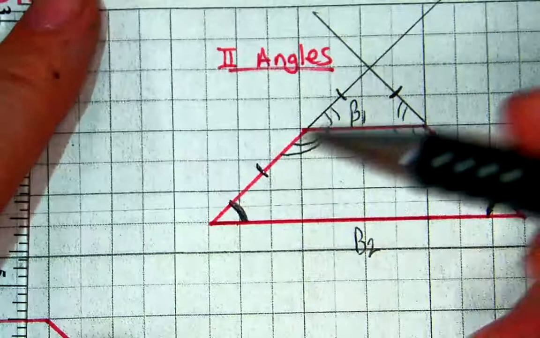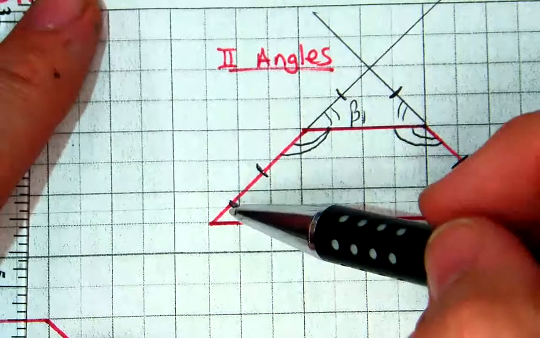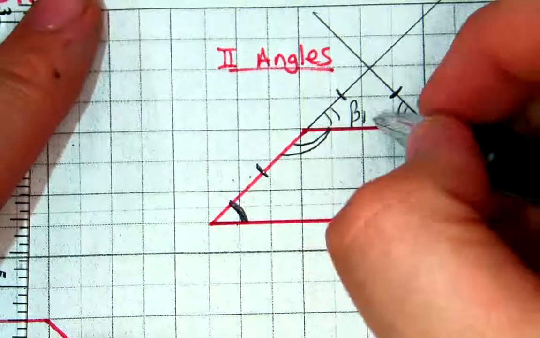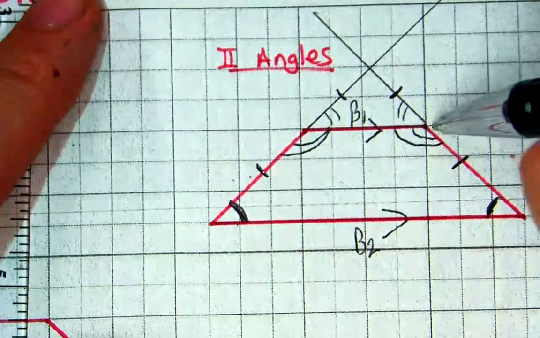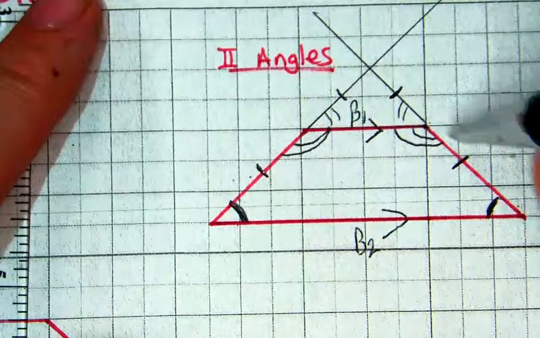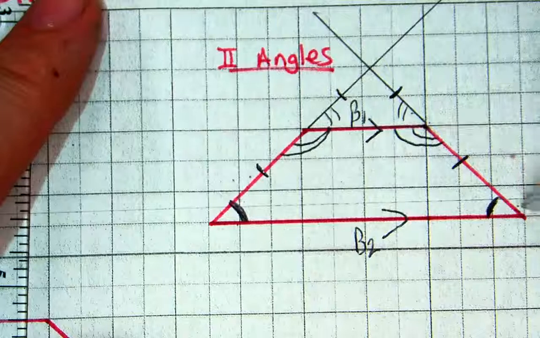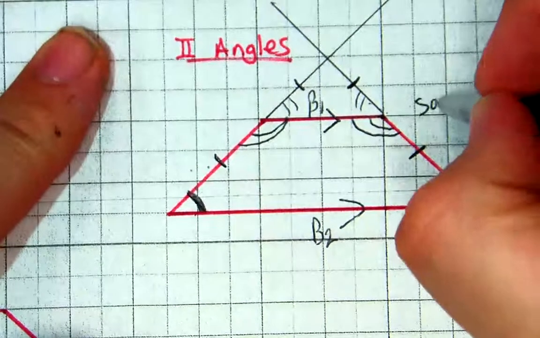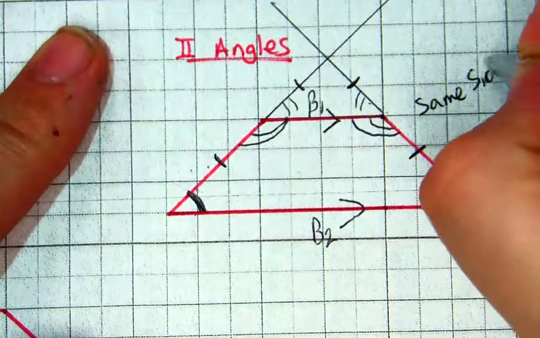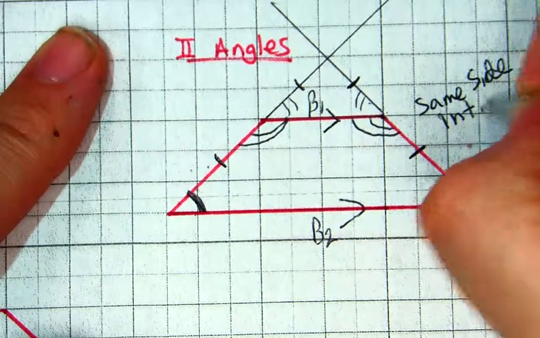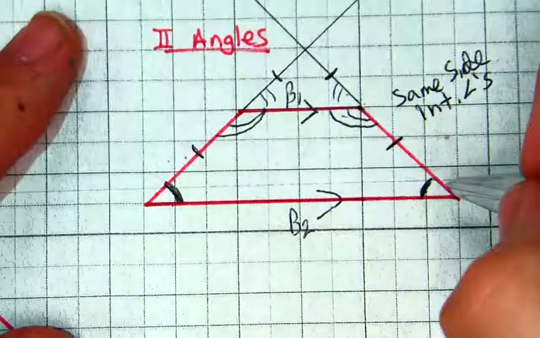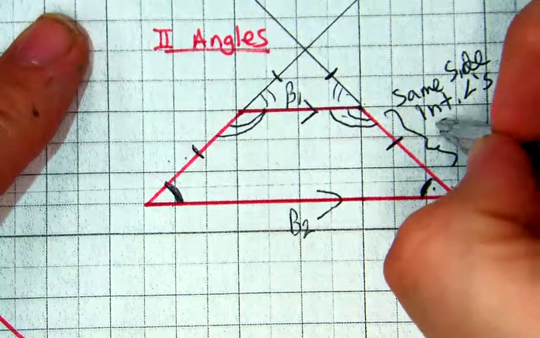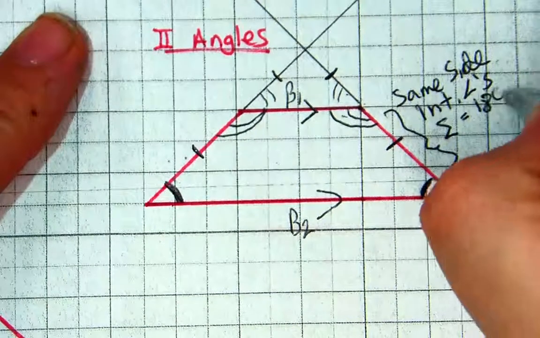So if you're dealing with these types of situations, you know your legs are congruent, your bases are parallel. And remember, also think of this as a transversal. If that's a transversal, we have same side interior angles, which means if I add up these two angles, the sum is equal to 180.